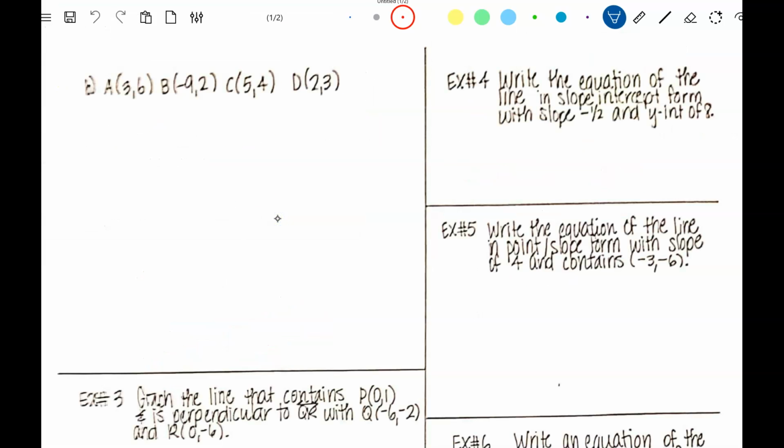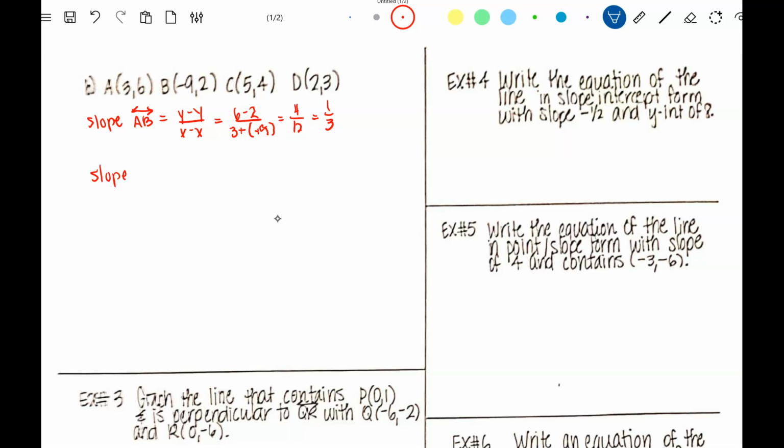Okay, we're going to do this one. Slope of line AB. So y minus y over x minus x. 6 minus 2 over 3 minus -9. So that's 4 over 12, which is 1/3.